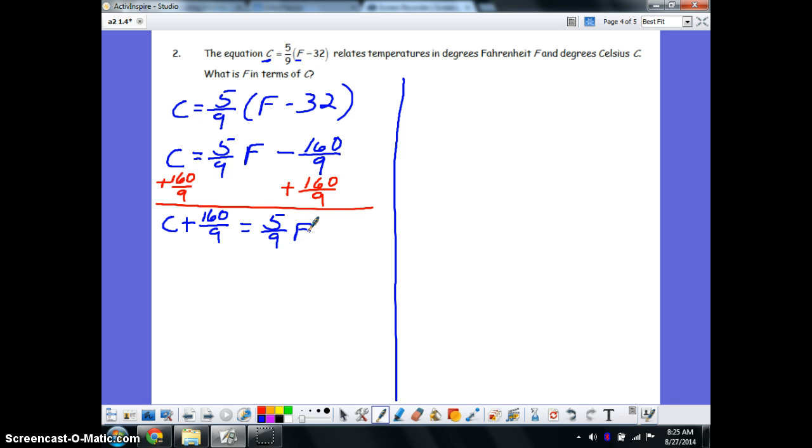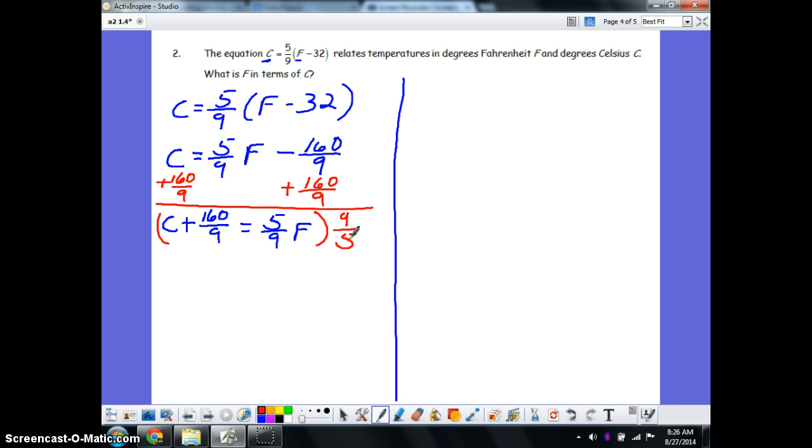Now, the next step is to multiply both sides of this equation. We're going to multiply everything by 9/5, and here's why. We take what is being multiplied by that variable, which is 5/9, and we're going to divide both sides by that. Dividing by 5/9 is the same thing as multiplying by 9/5.